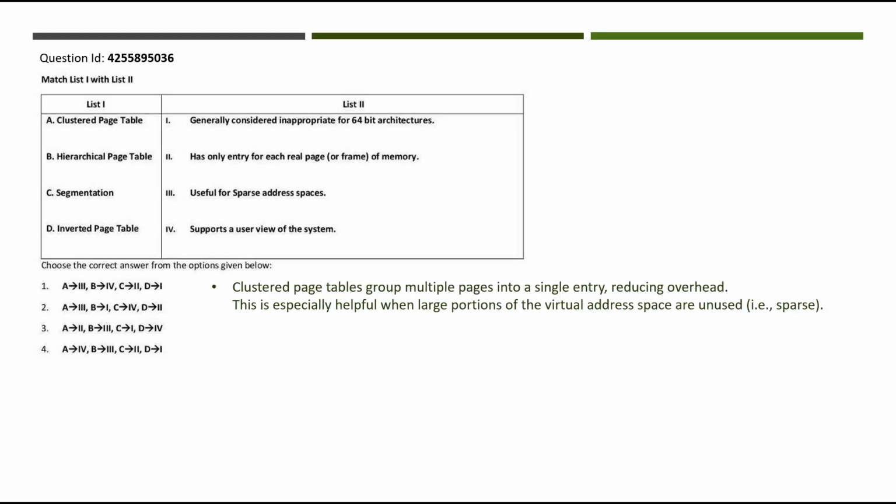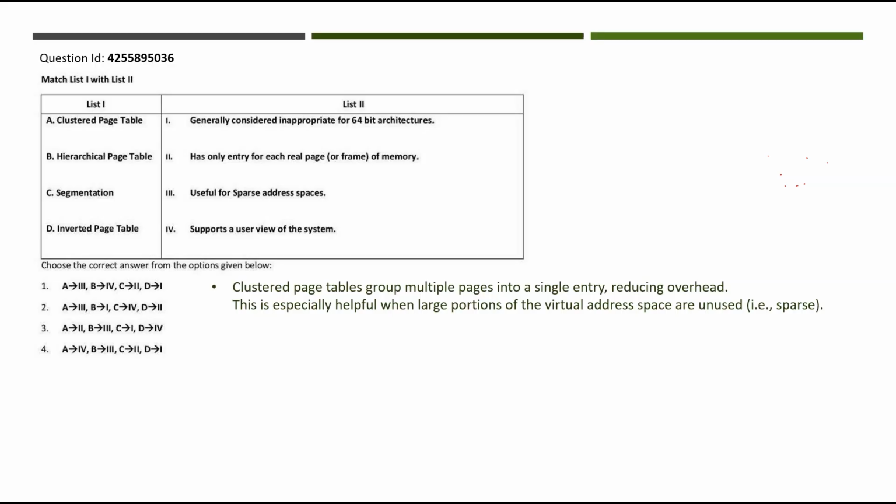Next question, we have a matching list: clustered page table, hierarchical page table, segmentation, inverted page table. Clustered page tables group multiple pages into a single entry, reducing overhead. This is especially helpful when large portions of the virtual address space are unused. When large parts are unused and only certain parts are used, this will create a sparse look.